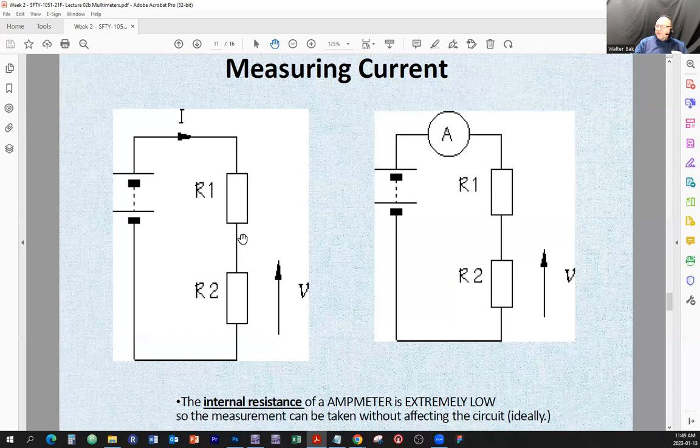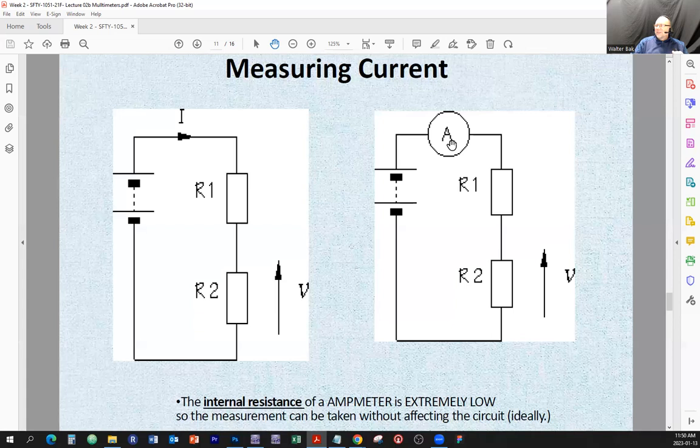In order to not affect the operation of the circuit, it would have to have a resistance close to the air that surrounds it, which would be high. But when we're using the amp meter, the internal resistance of this device should be as close to 0 ohms as possible in order to, you got it, not affect the circuit.